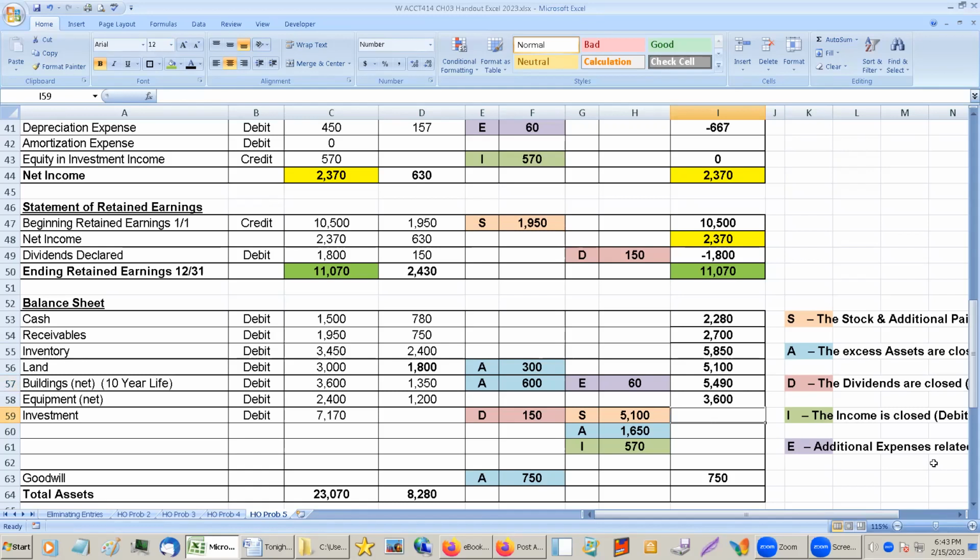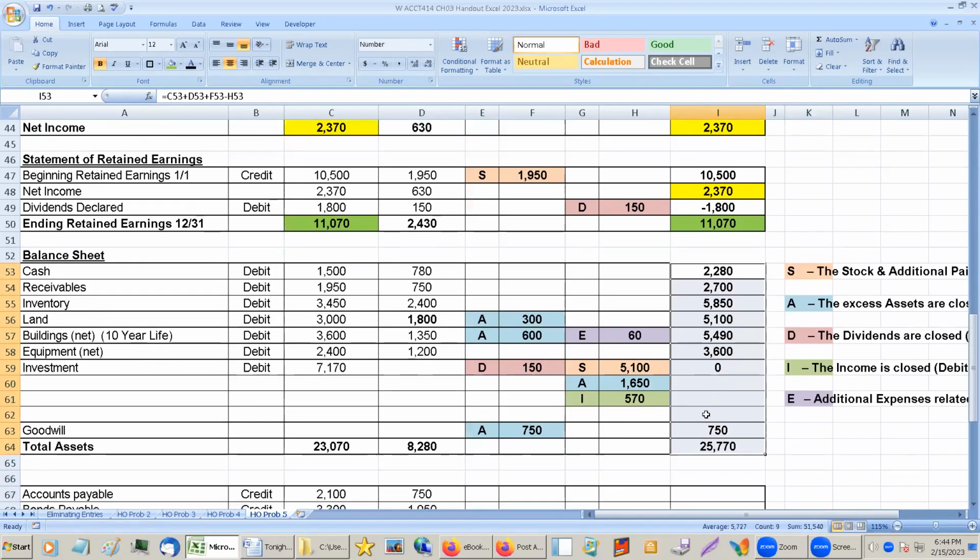Yeah, all right, investment account. Add the dividends, subtract everything else. And we want it to go down to 0, and if it does, we're very happy. Because everything that's included in here is already added in over here, and for goodwill too, down here at the bottom.